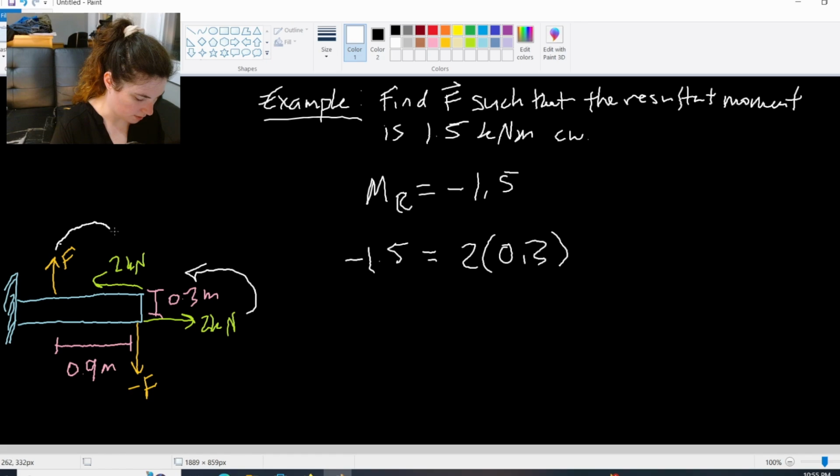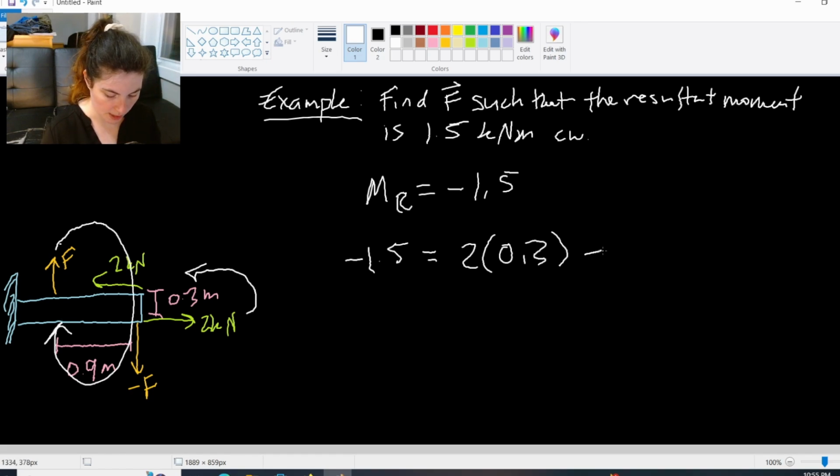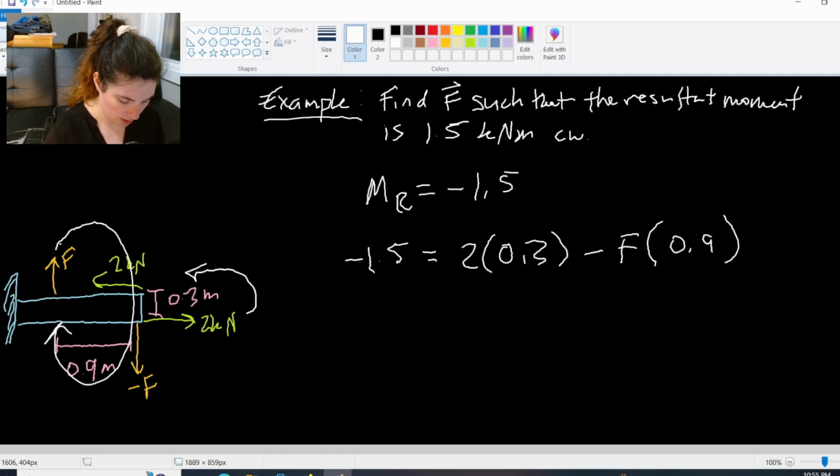If we draw the circle around that, we'll find that one's actually going clockwise. So that will be minus F times the distance between them, 0.9. So now all that's left to do is solve for F, right? So it was just summing those two couples and setting that equal to the resultant moment.